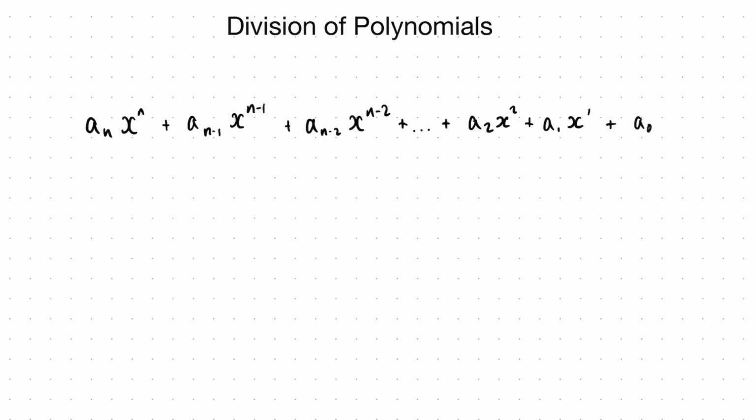In this case, things you need to know are that x is a variable, n is a non-negative integer, which is quite an important one. It means that we can't have any negative powers and we can't have any fractional powers.